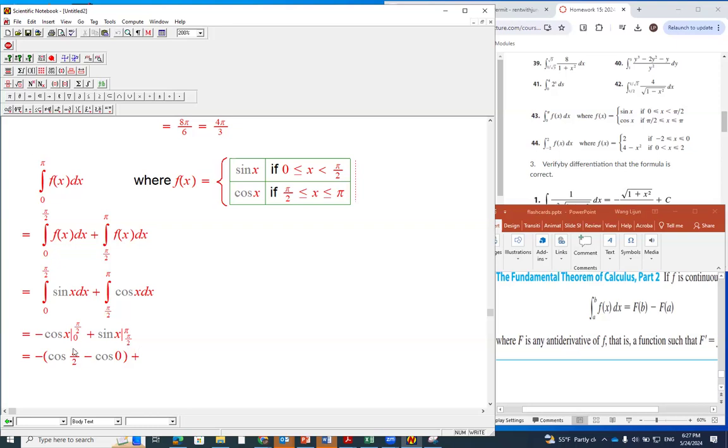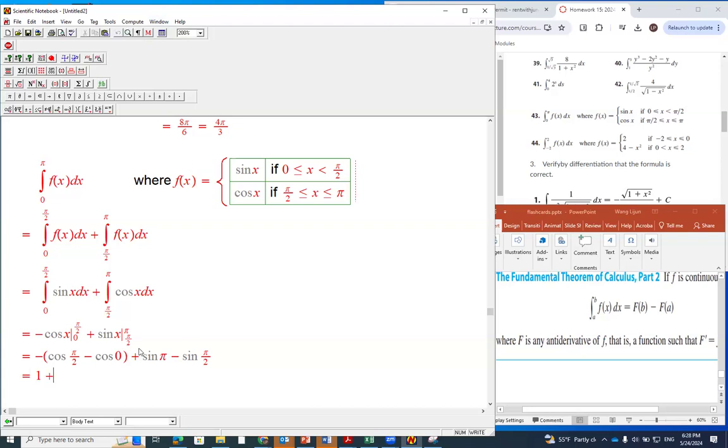On the second part, it's going to be sine of pi, subtracting sine of pi over 2. Cosine pi over 2 is 0. Cosine 0 is 1. So negative 1, another negative, so it's going to be positive 1, the first part.